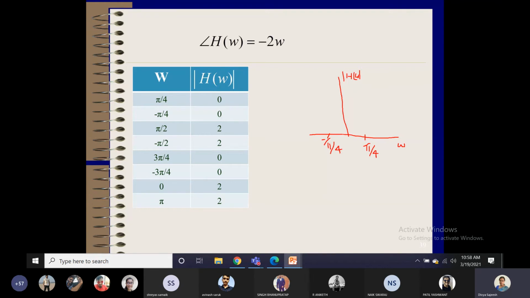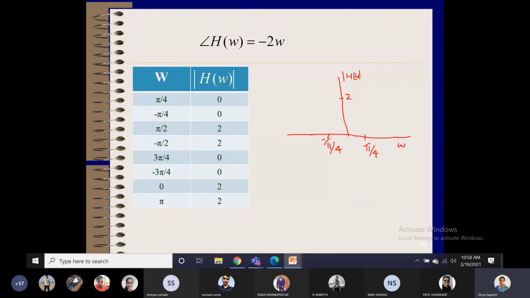Now what is at 0? It is coming out to be 2. So let us mark it here 1 and here somewhere it is 2. In between, if you plot it, it is not a smooth curve, it will not be a straight line. So let us extend beyond this also.